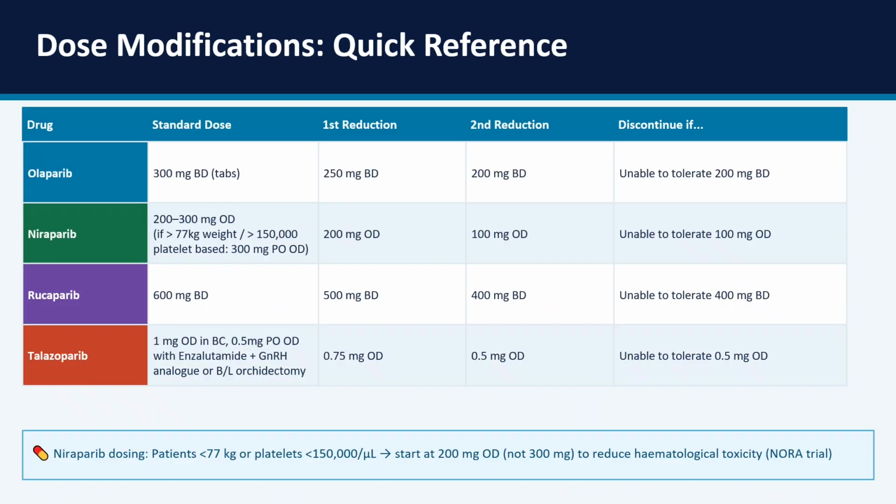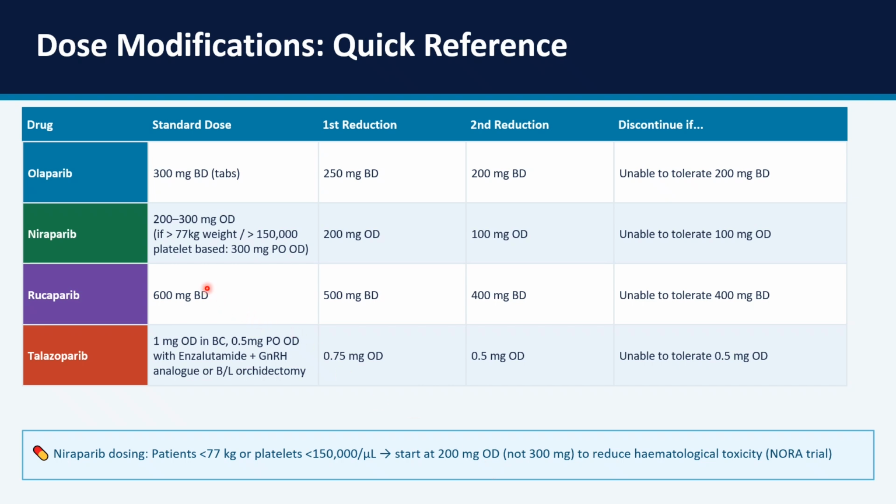Regarding dose, olaparib is given as 300 mg BD, and niraparib is given based on weight as well as platelet count. If the patient's weight is less than 77 kg or platelet count is less than 150,000 per microliter, the starting dose will be 200 milligram OD.